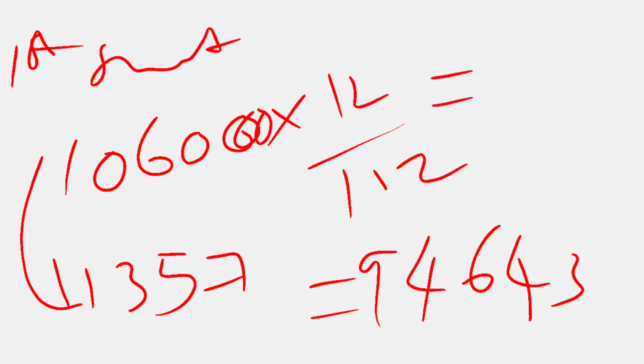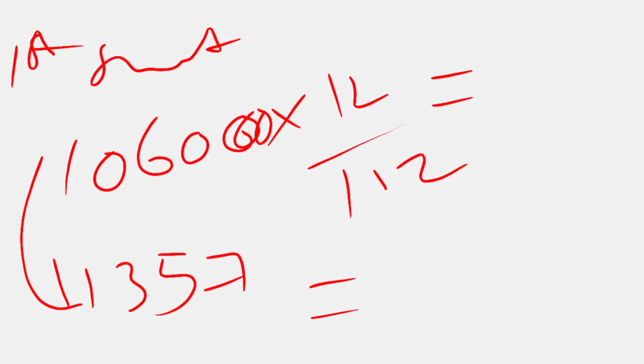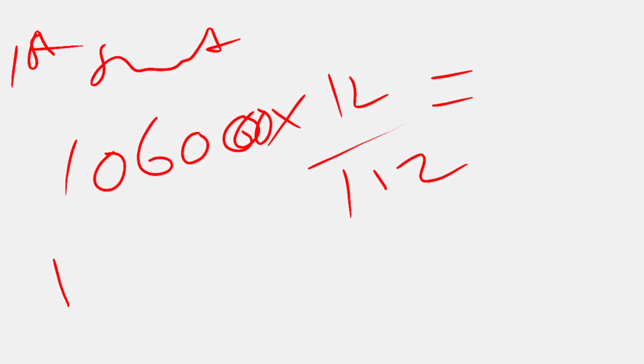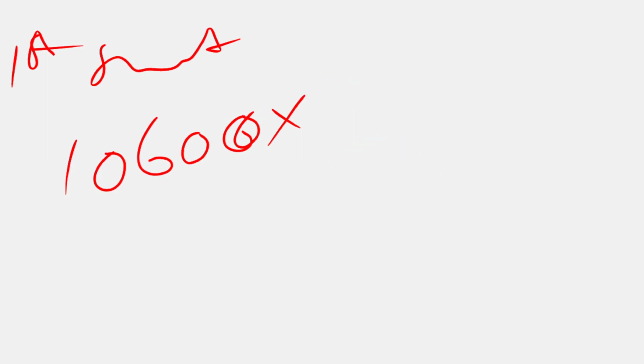So now we will add it here. So total cash price we calculated for the 4 installments. So now we will find out the total cash price of the machine. So what is the total cash price?